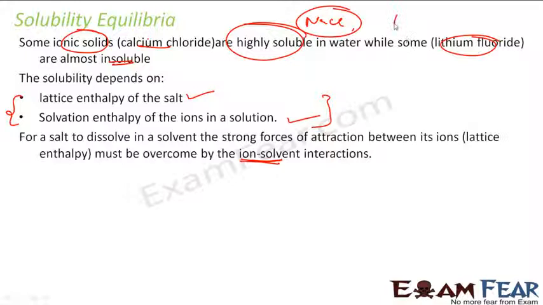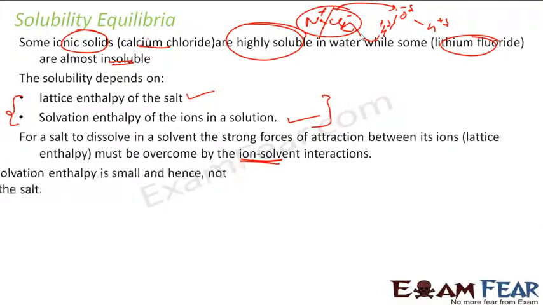For example, the solvent is water here, with partial positive and partial negative charges, and Na plus and Cl minus. The Na plus Cl minus attraction is the lattice enthalpy attraction. This has to be broken by the ion-solvent interaction, for example H and Cl minus, Na and O. This interaction should overcome the lattice enthalpy interaction.